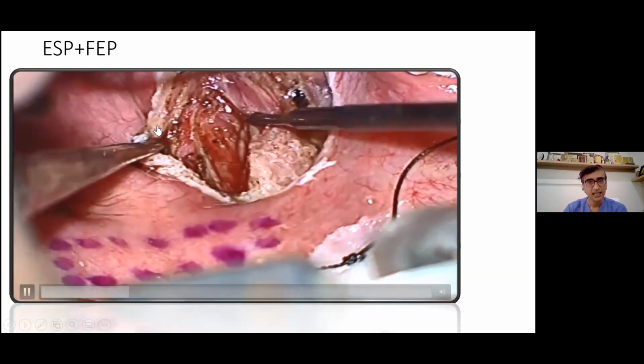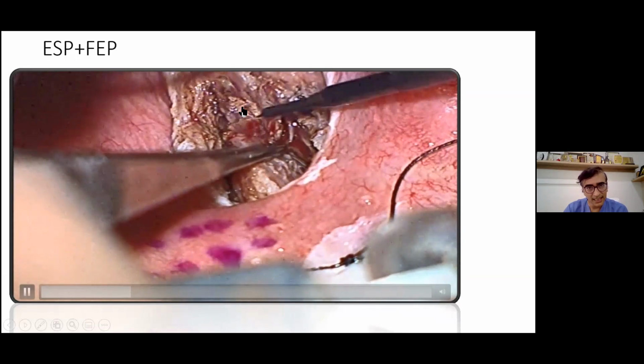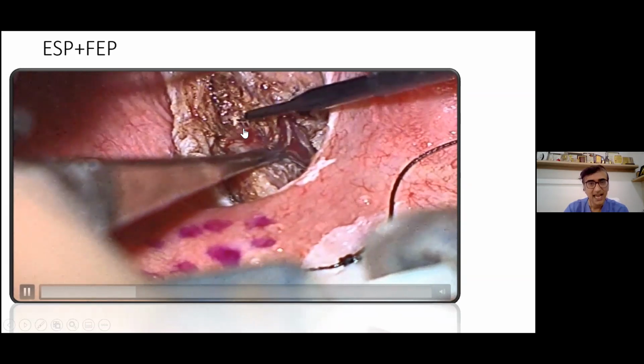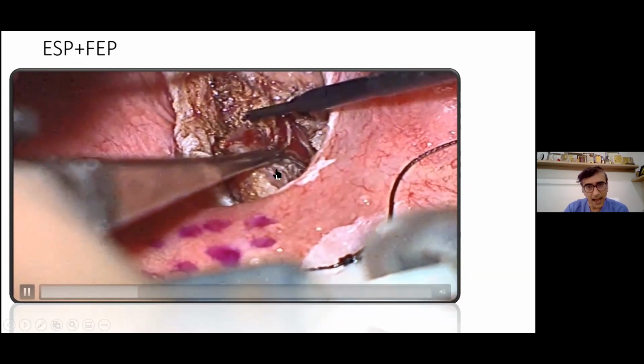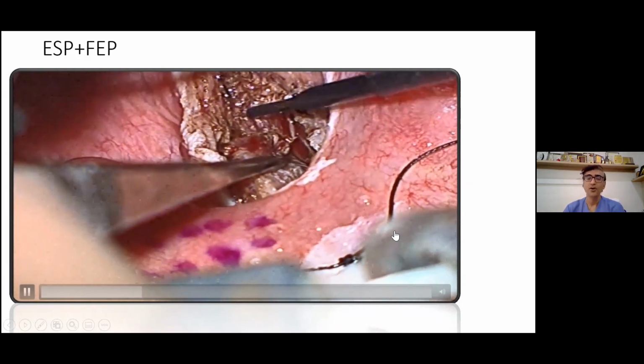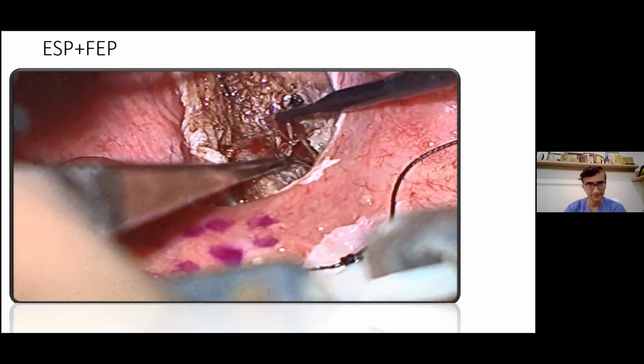So where you want to cut this basically depends on the distance that this muscle has to travel from the upper pole of the tonsil to the pterygoid hamulus or the pterygomandibular raphe.